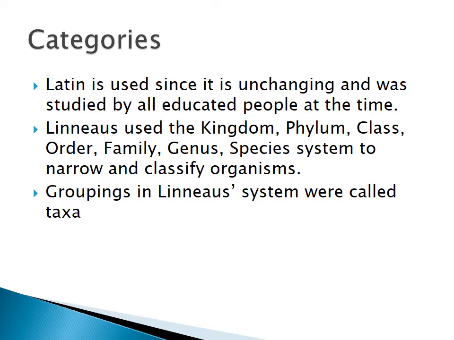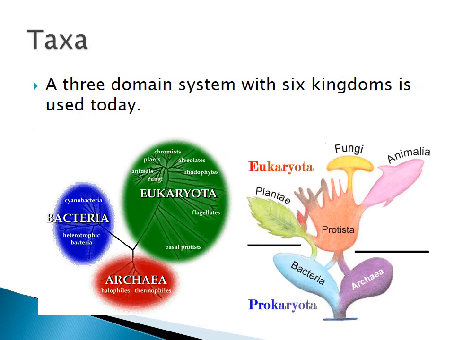So we added that extra layer, but ultimately his system from the 1700s is still in place. We've made changes because originally fungus was identified as a plant, so that now has its own kingdom. But this general system has stayed in place since the 1700s, which is pretty amazing.